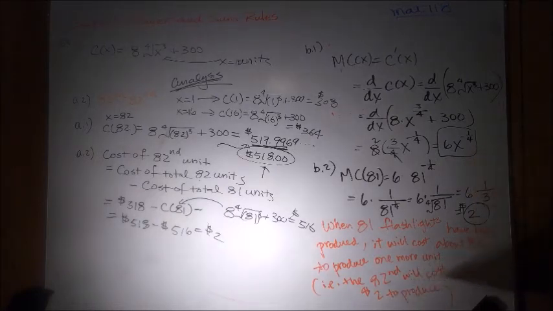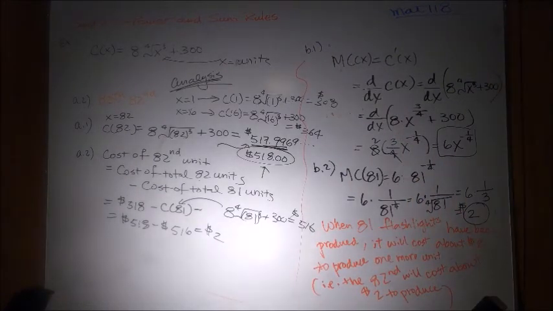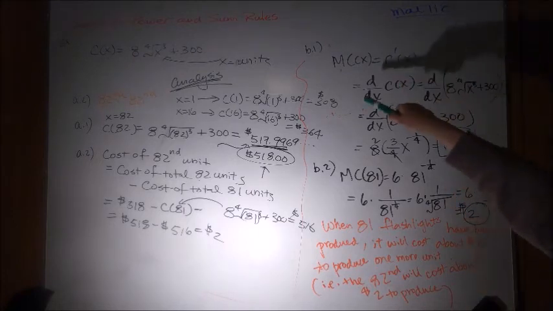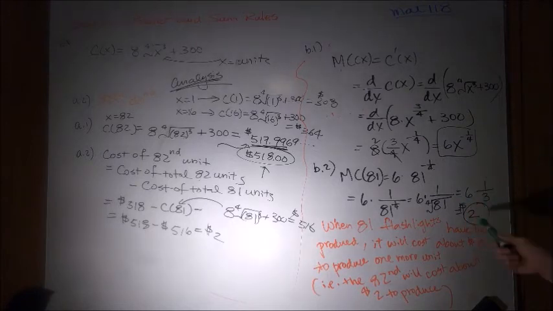That's what it's talking about. So, what are we saying? We are saying one way to look at the marginal cost from the cost function is that it will cost you $2 to produce the 82nd unit.